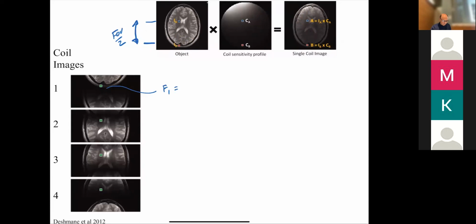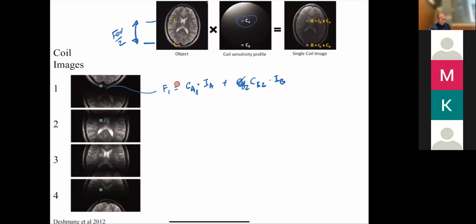It's going to have some sensitivity. IA and IB are what I care about; I want to know these image intensities.